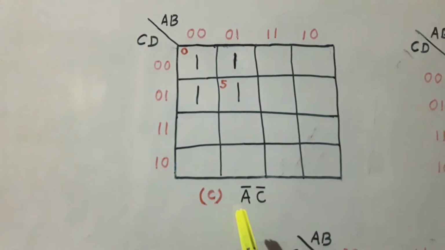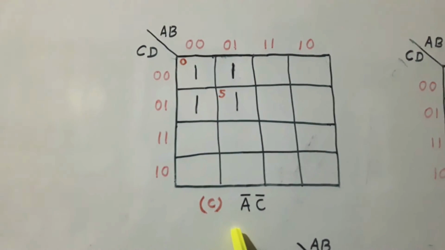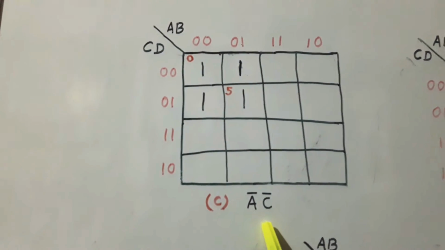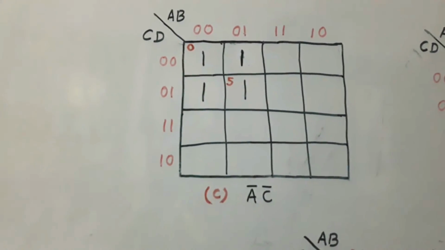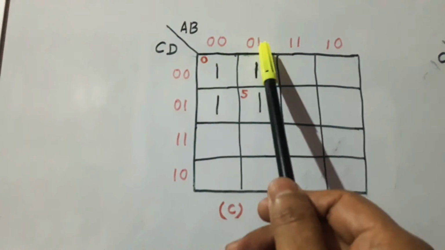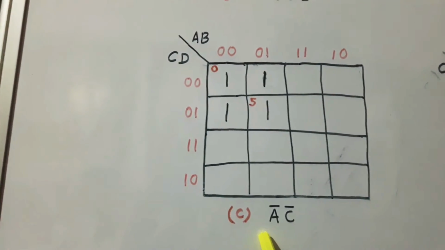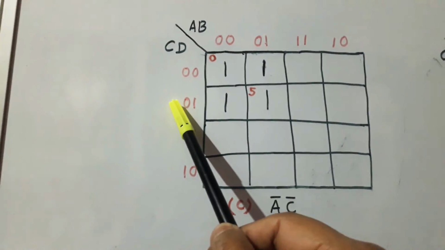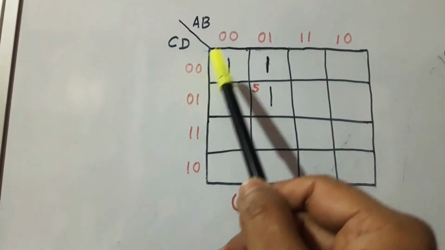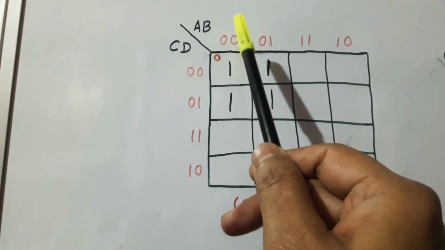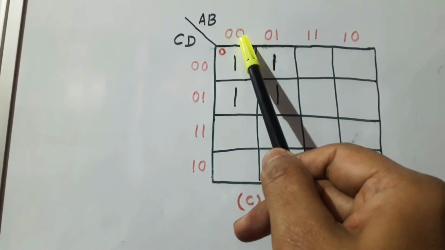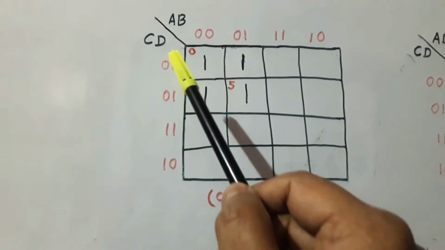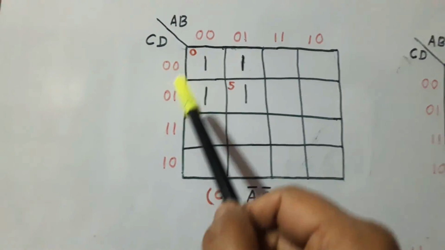That is, we have to enter this value in the box in which the value of A is 0 and the value of C is 0 for both values of B and D. So here we find that in these 2 boxes, the value of A is 0 and the value of C is also 0. 1 will be entered in the box for both values of B, that is when B is 0 and also when B is 1. Similarly, it will also be entered for both values of D, that is when D is 0 and when D is 1.